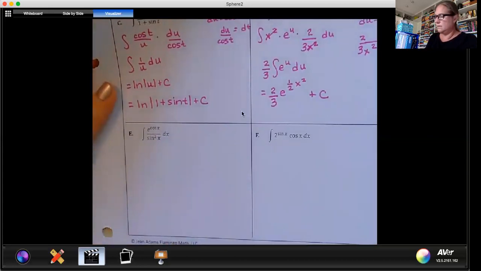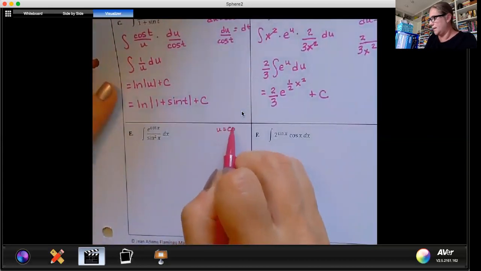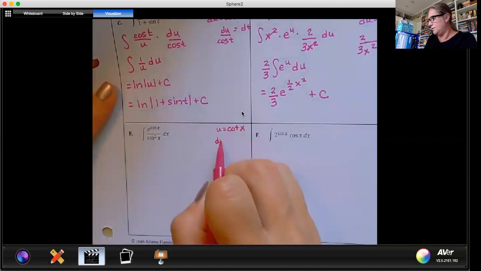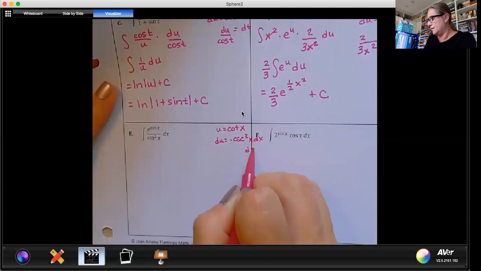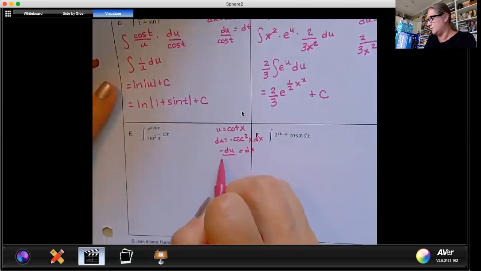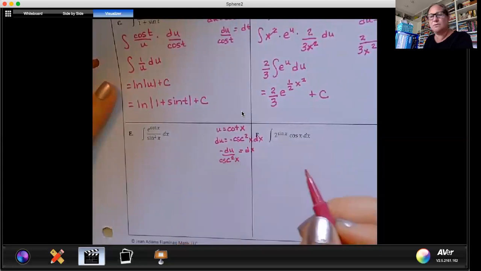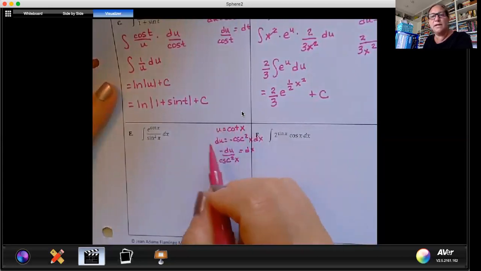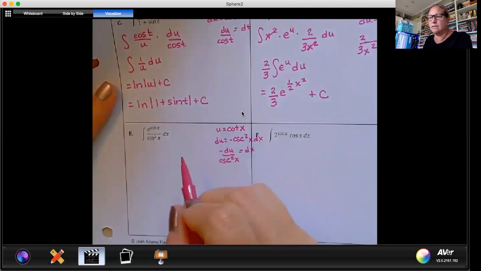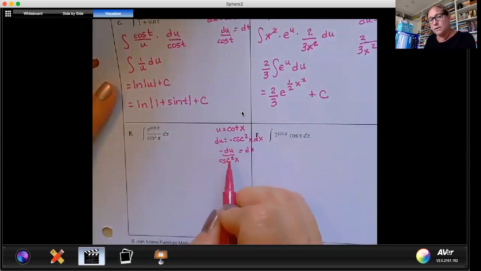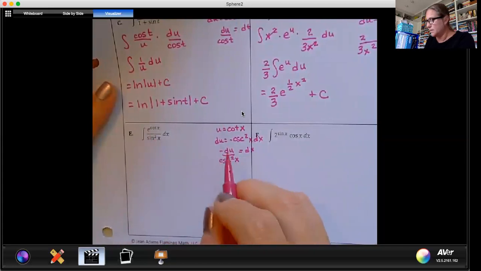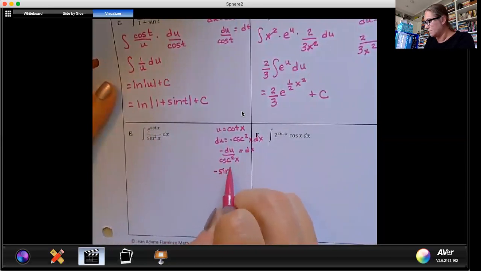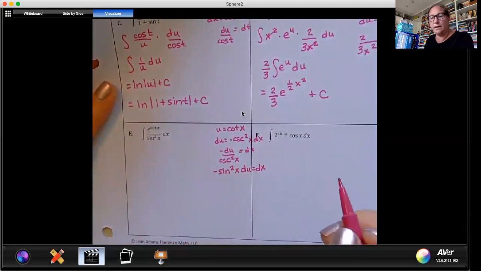For part E, u is cotangent x. du is negative cosecant squared x dx, and dx is negative du over cosecant squared x. Remember that u is going to be something that when you take the derivative of it, it can cancel out what you have. As you see there are no cosecants here, but the reciprocal of cosecant is sine squared, which is going to help.